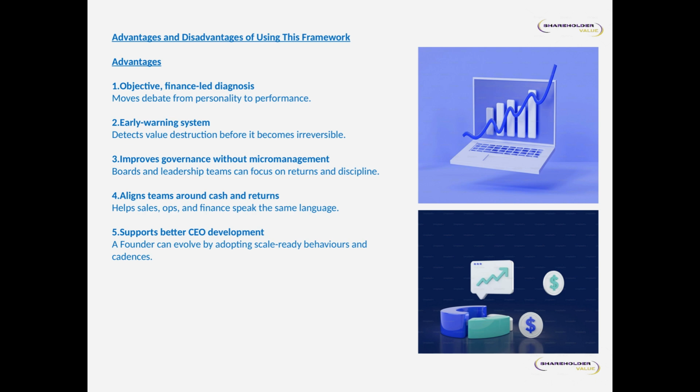It also helps different teams like sales, operations, and finance to communicate in a common language focused on cash flow and returns. Lastly, it supports better CEO development by helping founders adopt the behaviors and routines needed to effectively manage and scale their business.